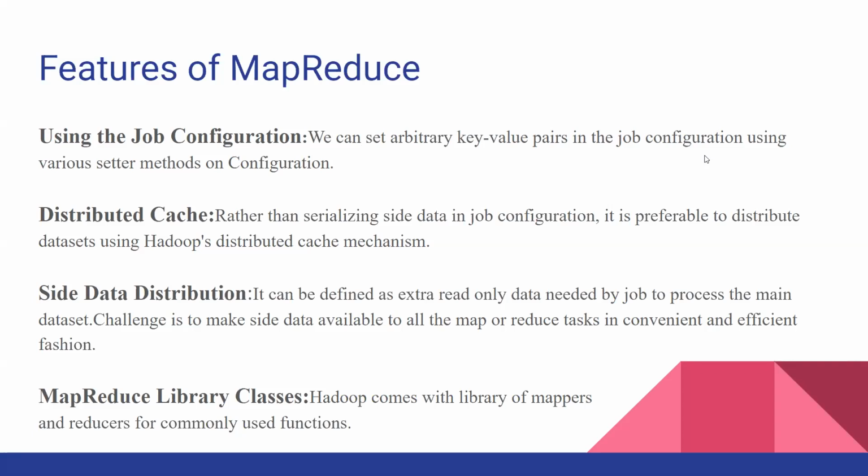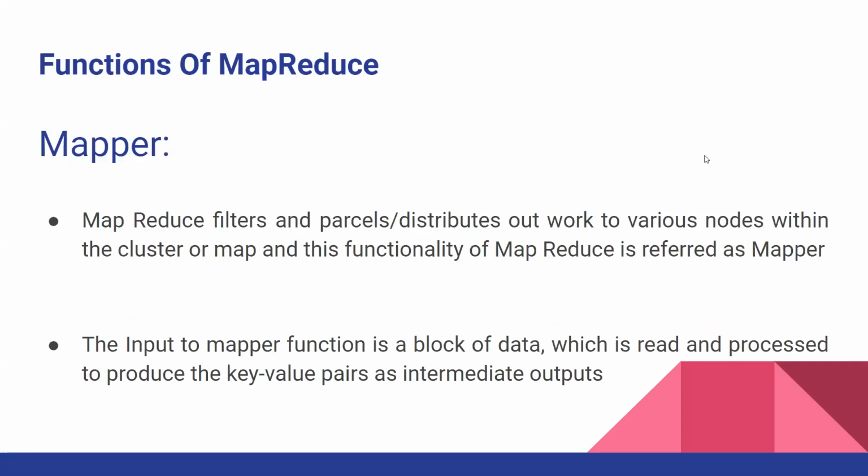And lastly, MapReduce has multiple library classes, which basically makes it easier for the user to not have redundant code all the time. Yeah, next person can take it from here.